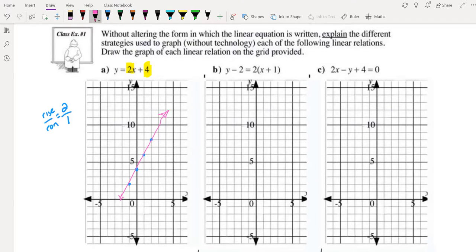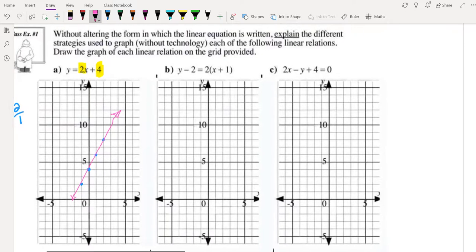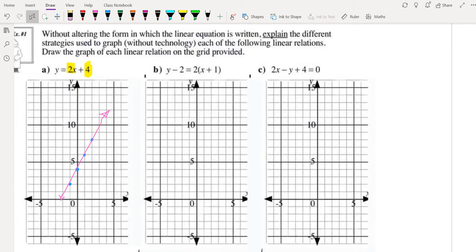Now, in the middle situation here on B, we're given a point slope form, right? We need to have 2 points to start off with. Well, one of the points is listed with the x and y values here, right?